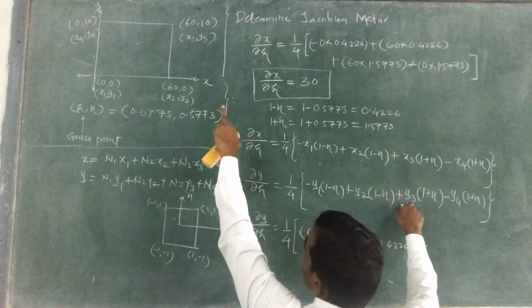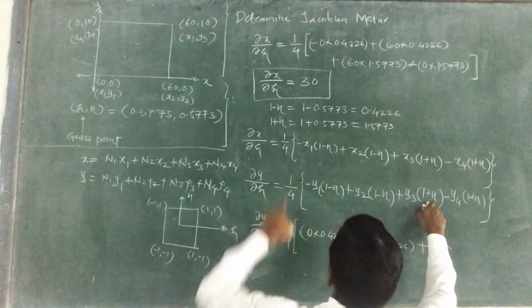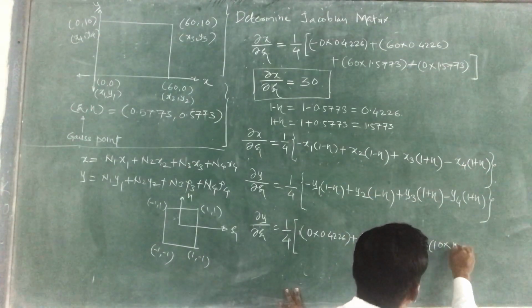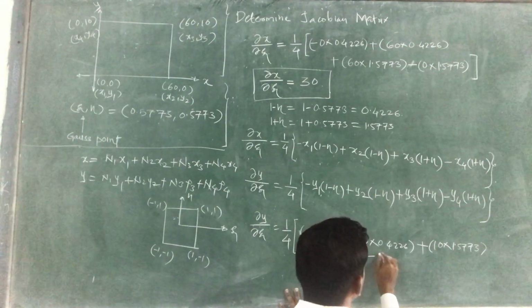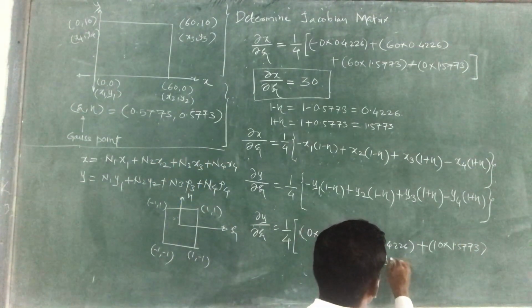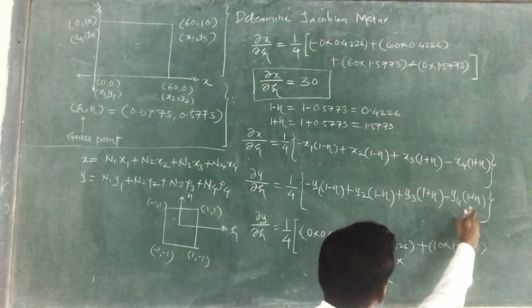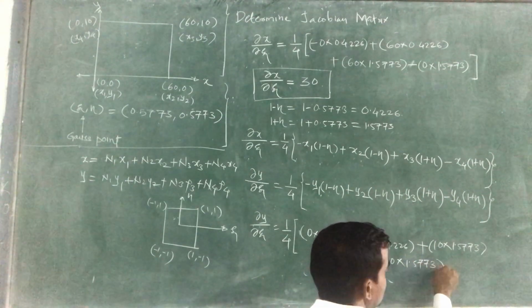y3 is what? y3 is equal to 10. 10 into 1 plus eta. 1 plus eta is equal to 1.57. And finally minus y4 is what? y4 is equal to 10. 10 into this 1 plus eta. 1 plus eta is equal to 1.577.